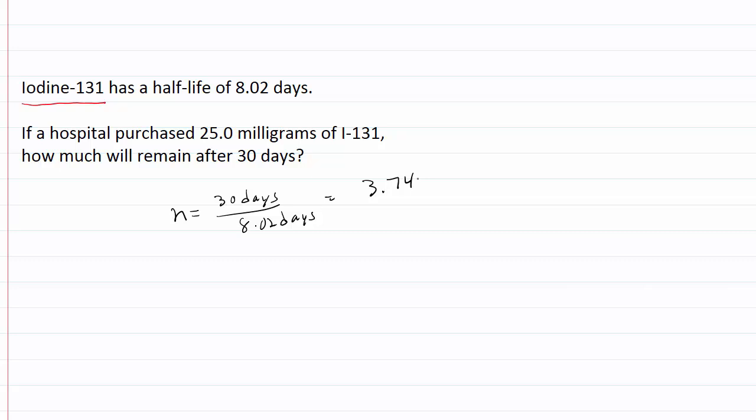Okay, and remember that the amount remaining is going to be equal to 1/2 to the N times the original quantity, which in this example is 25 milligrams.